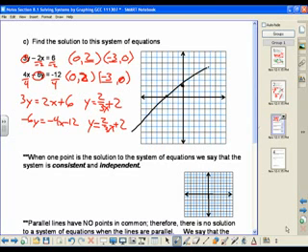They are the same line. In other words, we could say the solution is this: these two equations have every point in common.